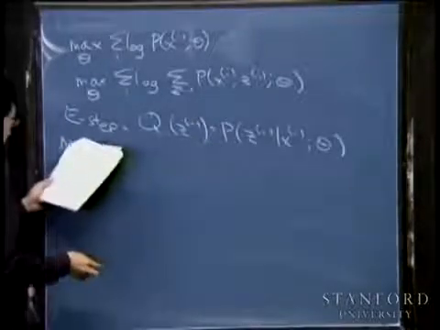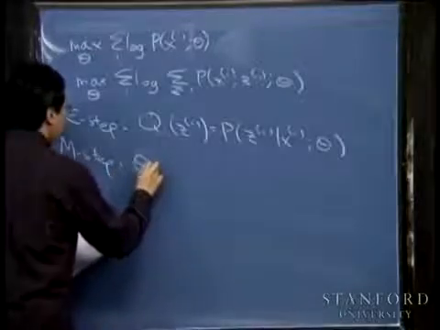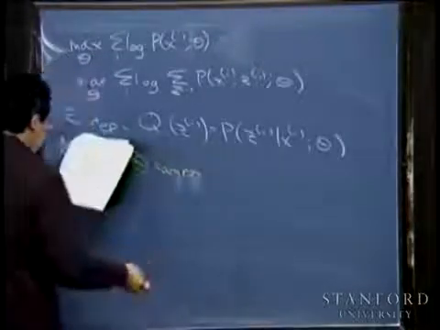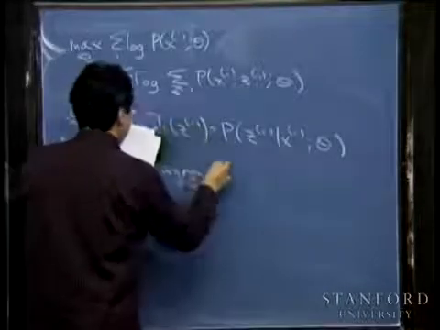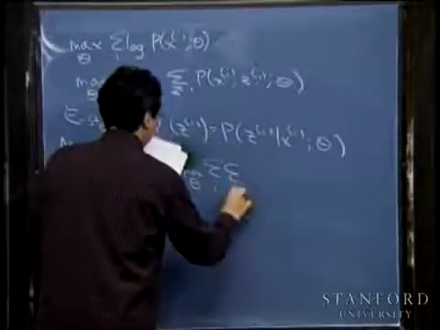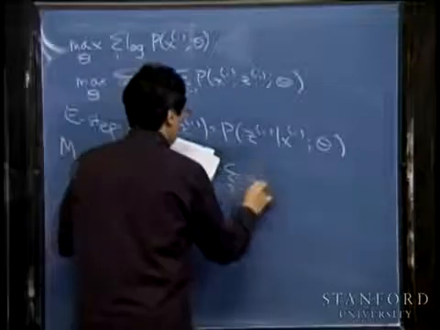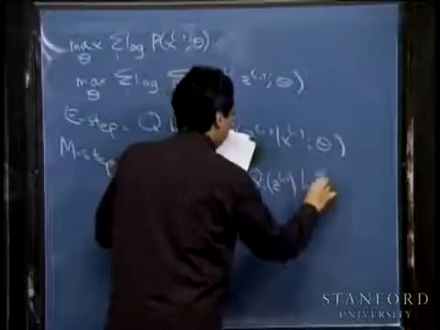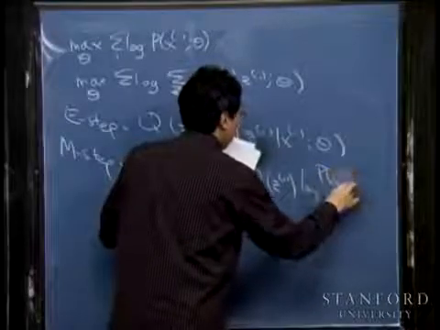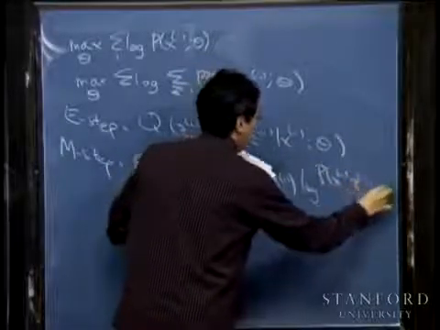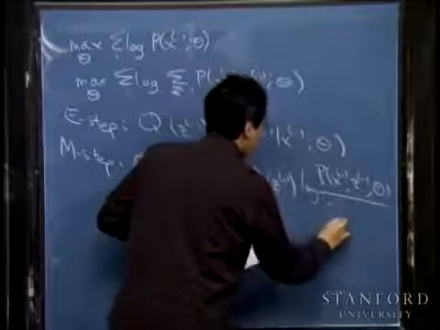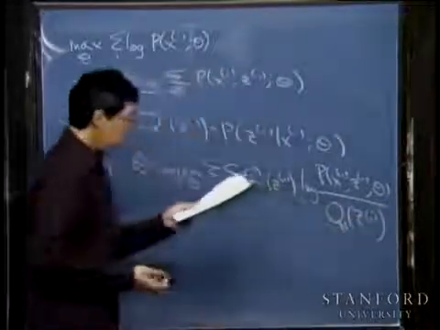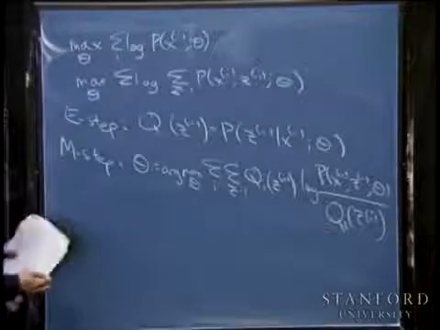And in the M step, we would set theta to be the value that maximizes this. Okay, so these were all formulas that we worked out last time.